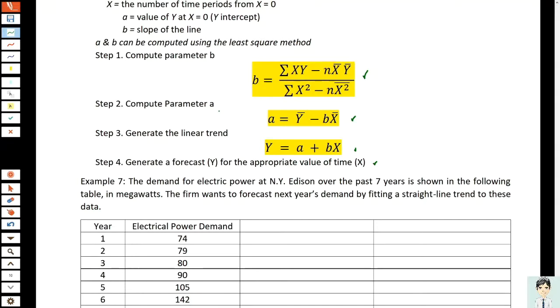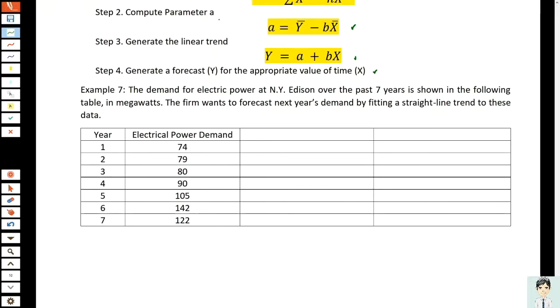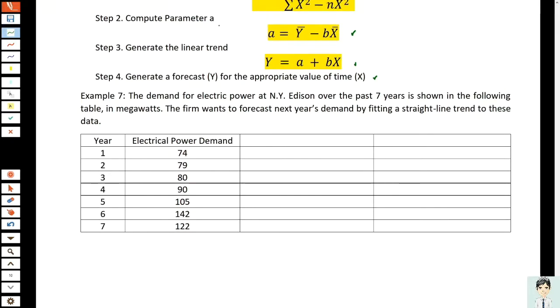So, ang mangyayari niyan, diba? Hanapin natin yung forecast for next year's demand. So we have 7. So hanapin natin forecast is for the year 8. Okay po.